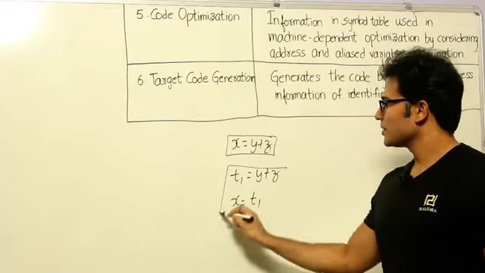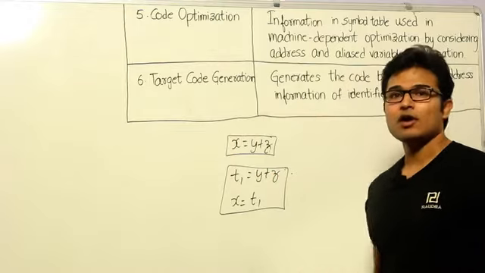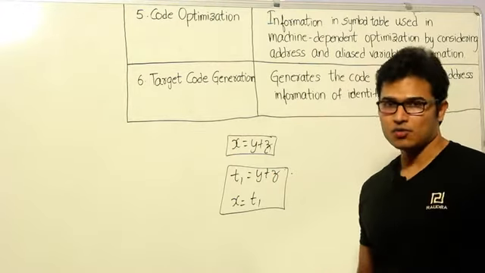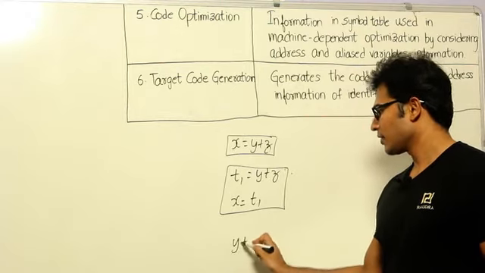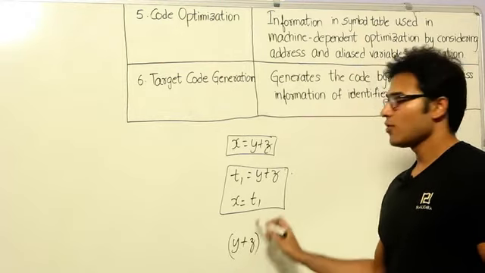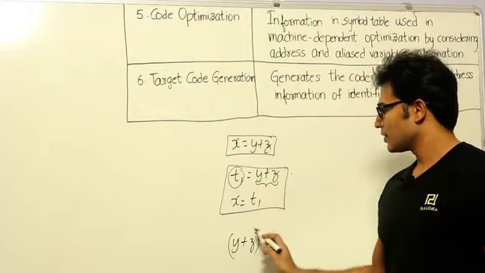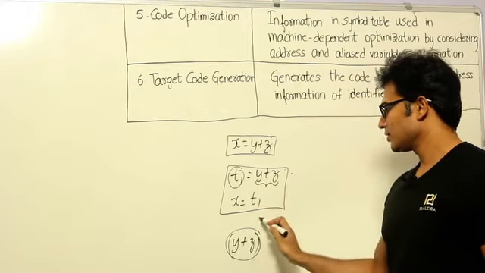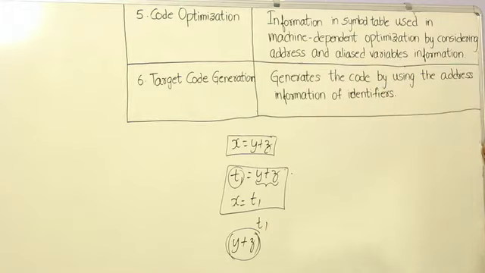Later in the code optimization phase, you might want to eliminate this, or at some other point in the code you might have a line like y plus z somewhere. If you have already computed it once, then you could simply replace wherever y plus z is with t1 or with x, right. So in order to do that, the information in the symbol table is going to be useful.